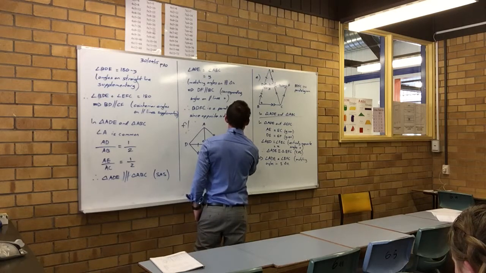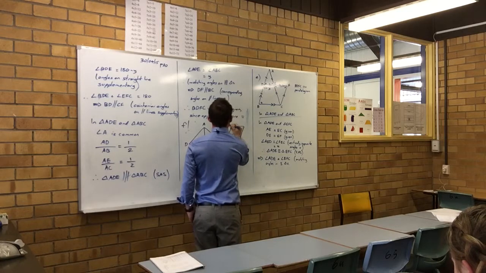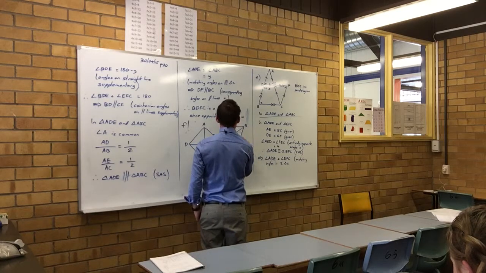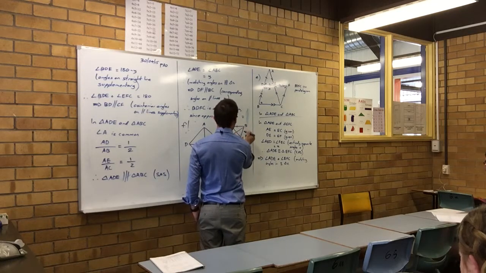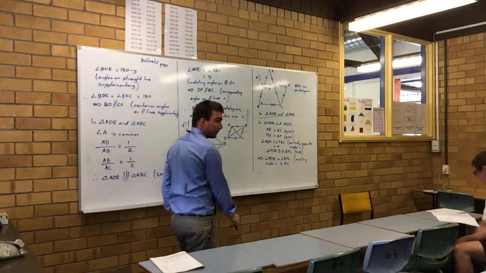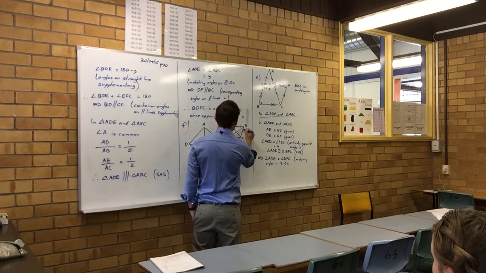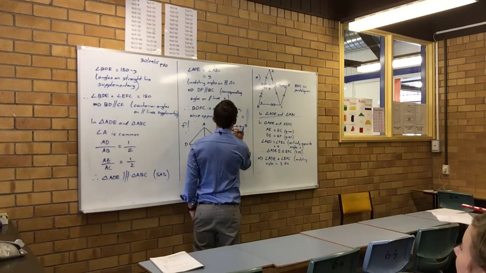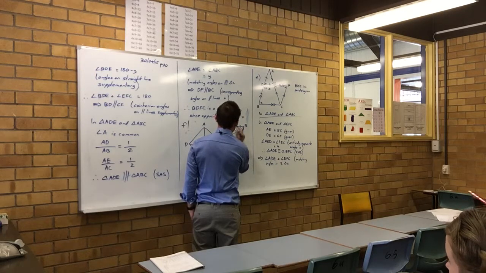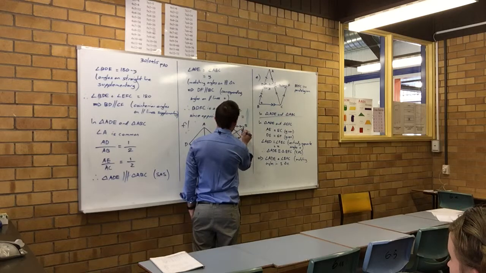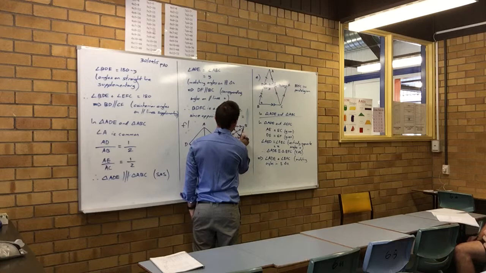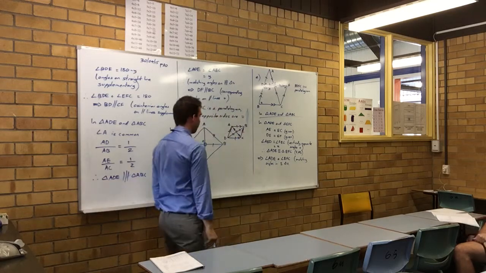Alright, so we've got a rhombus, let's do a quick one, ABCD. All sides are equal. All the opposite sides are parallel. The diagonals bisect each other at 90 degrees.